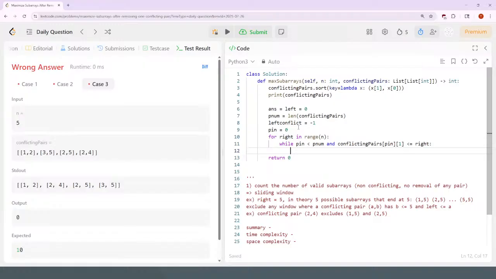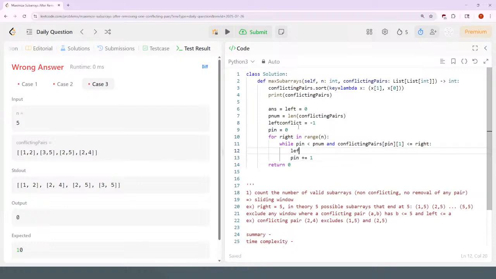And then pin should increment at some point. And the left conflict should equal the maximum of the left conflict value and the pair's left side value, the pair's earlier value.